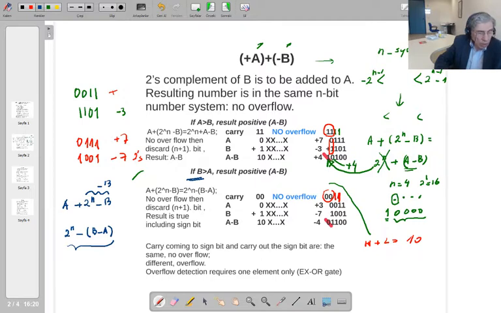So in this case, the resulting number is going to be correct, including the sign bit, because it's going to be a negative number, and the resulting number is the 2's complement representation. So this concludes what we found here is going to be correct, and we know we are in the same number system.